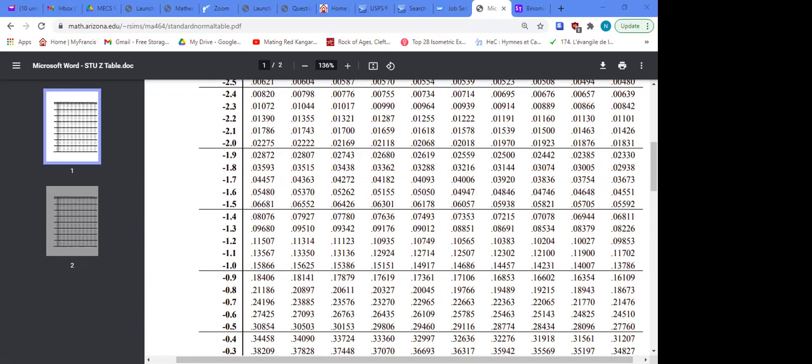Some of your calculators will open a bracket. If you open a bracket for the standard normal distribution, you will have normal CDF, open the bracket, -1000, -1, because by default the mean is 0 and the standard deviation is 1.